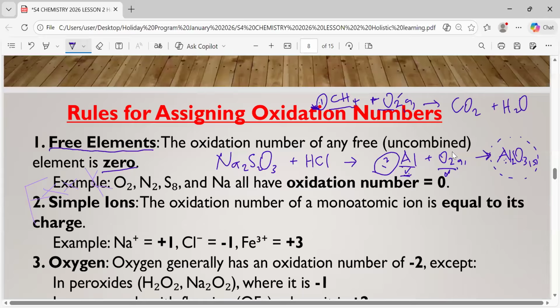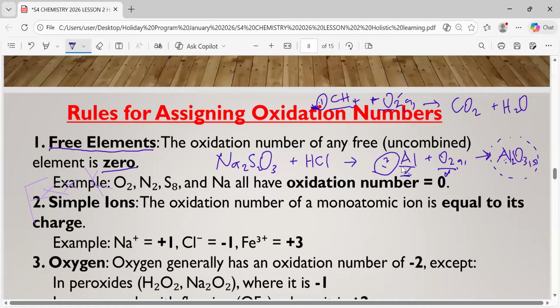Can you explain to other learners what they mean by a free element and what they mean by a combined element using one of the examples inside here in these equations? Okay, how I understand it is that, let me use the second one. Aluminium is being reacted with oxygen. To begin with, there are elements.